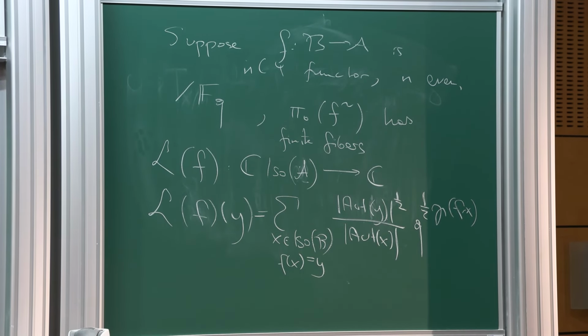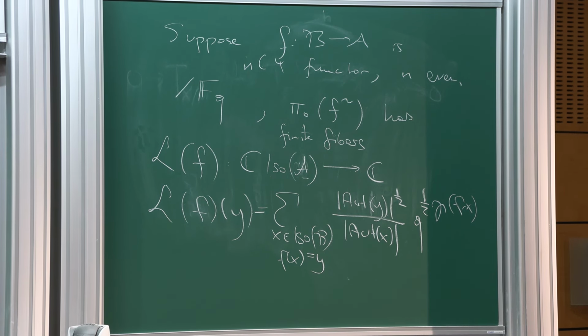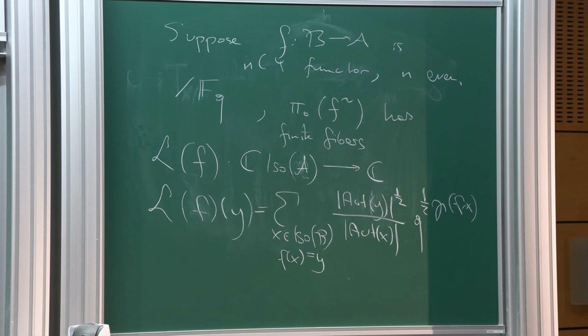So gamma of f comma x is basically some dimensions of Ext groups. So it's the alternating sum of dimension of Ext groups from 0 to n minus 1, plus rank of the connecting map in this long exact sequence from Ext n of x comma x dual to Ext 0 of x comma x.